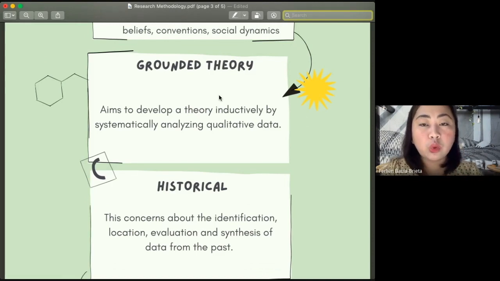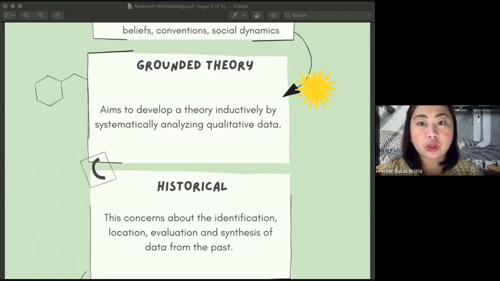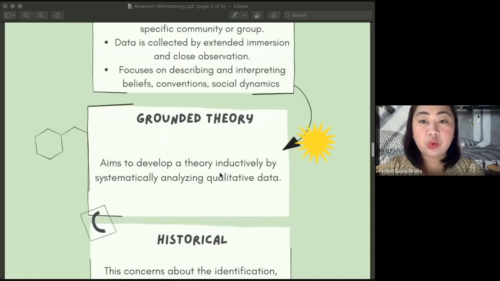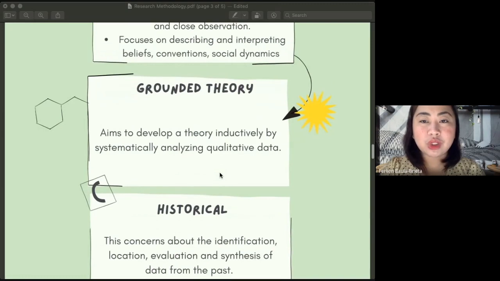When you do qualitative research following grounded theory, you are going to need a lot of data gathering and analysis of these different data in order to conceptualize a valid and sound theory about something. And that should be tested for a longer period of time. It's quite challenging to do a grounded theory qualitative research design.